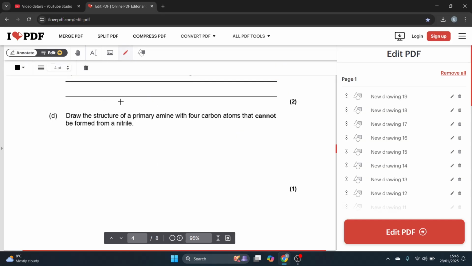Part D: draw the structure of a primary amine with 4 carbon atoms that cannot be formed from a nitrile. Cannot be formed from a nitrile.